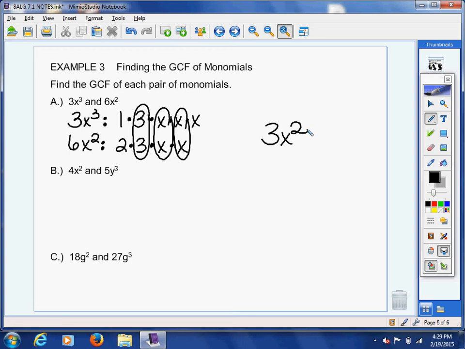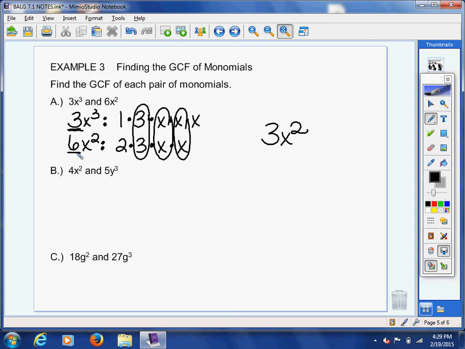Anytime I see the coefficients 3 and 6, the lower number, I ask myself, is 3 a factor of the bigger number, 6 in this case? And the answer is, yes it is. So the GCF would be 3. 3 is a factor of 3, and 3 is also a factor of 6. So you can do that mentally.